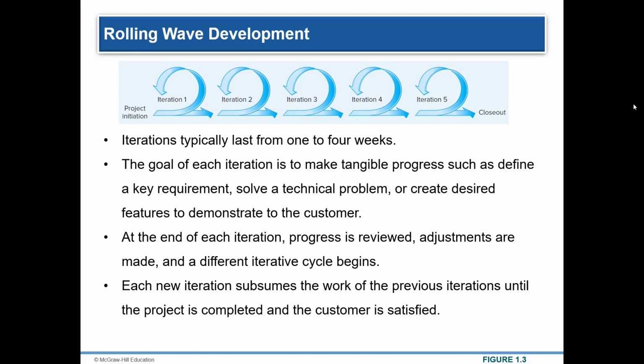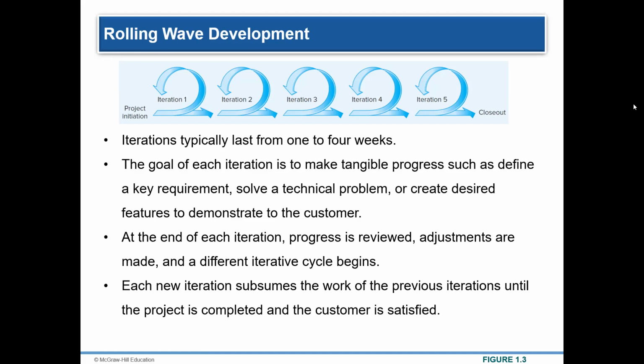So at the end of each iteration, we review it, we adjust it, and if we need changes, modifications are going to be made, and a different iterative cycle will begin. Each new iterative cycle will assume the work of the previous cycle until the project is satisfied, completed, handed to the customer, and the customer says, yes, this is what I want.